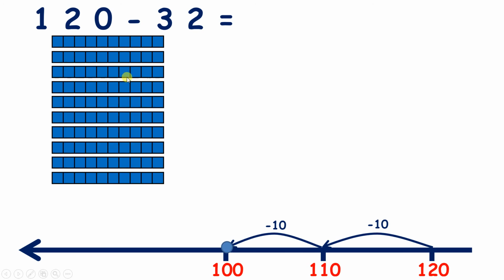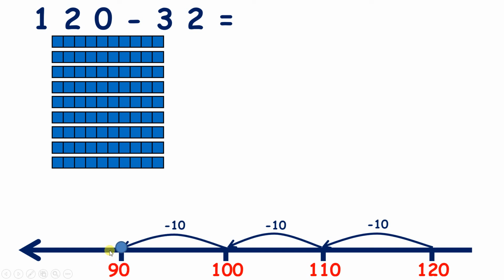Let's exchange 100 for 10 tens, or regroup our 100 as 10 tens. Now if we take away one more 10, we're left with 9 tens, or 90. So we've taken away 3 tens. How are we going to take away 2 units?